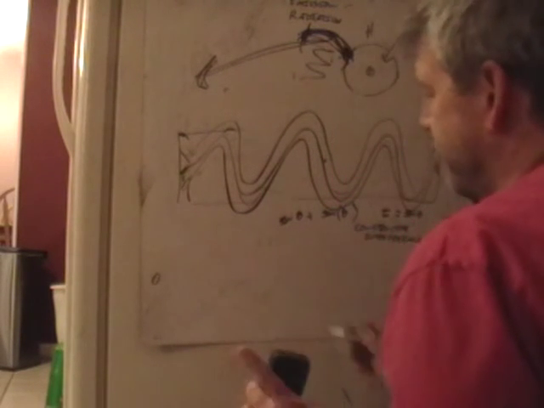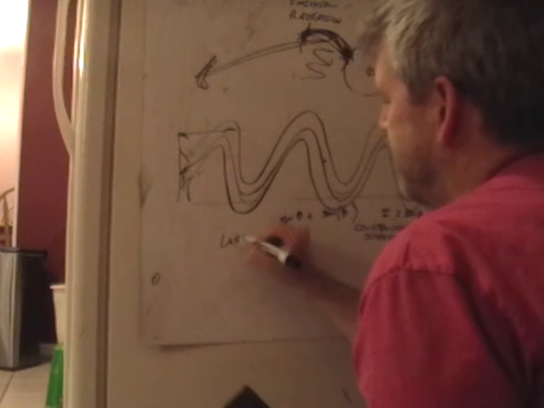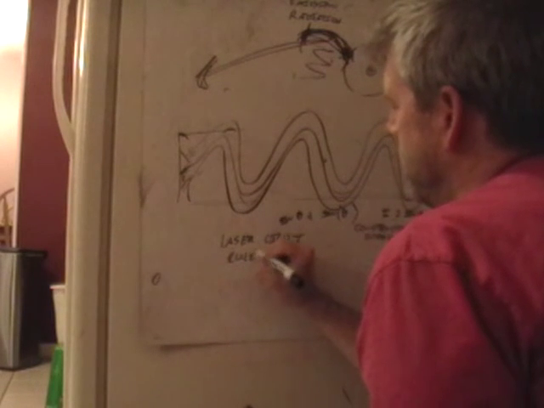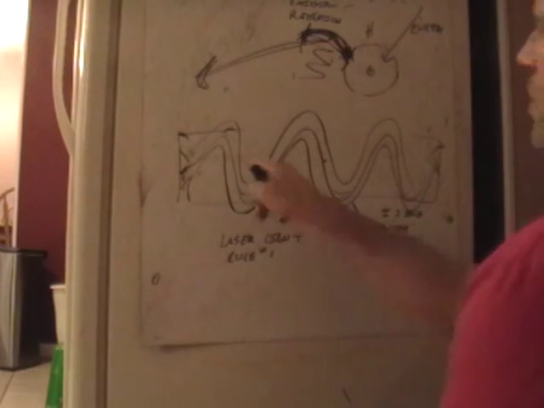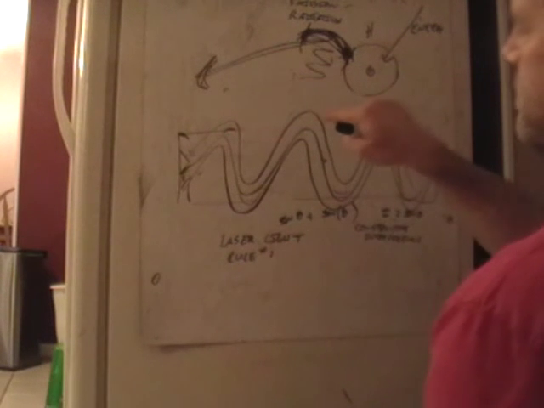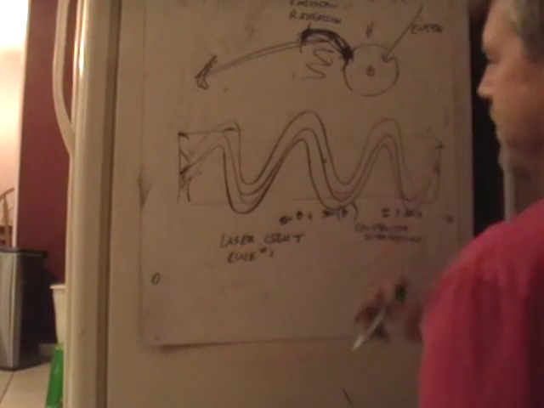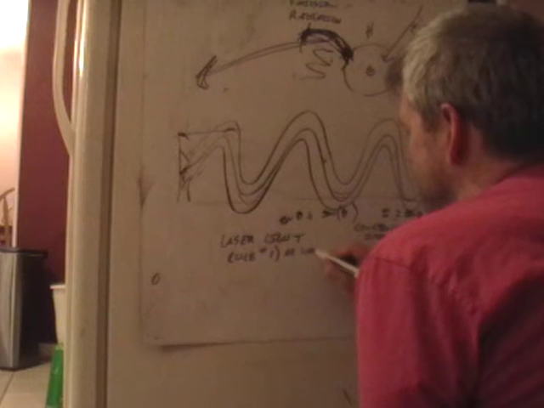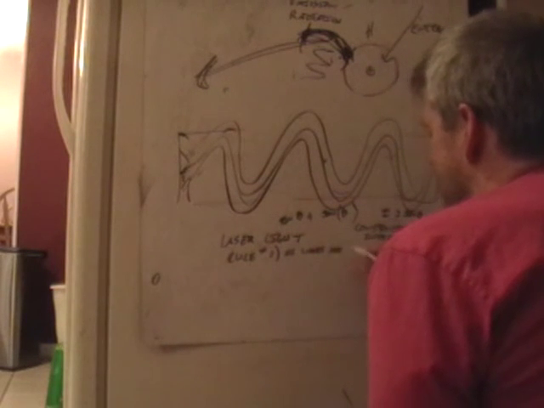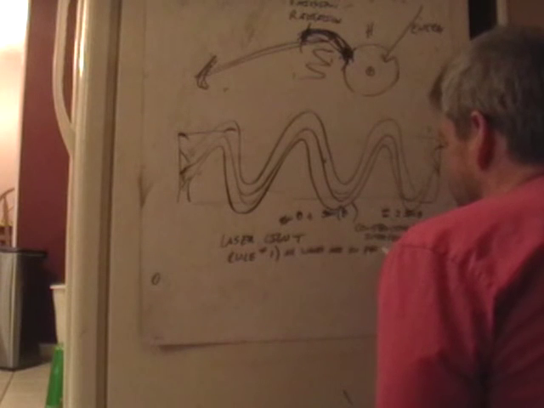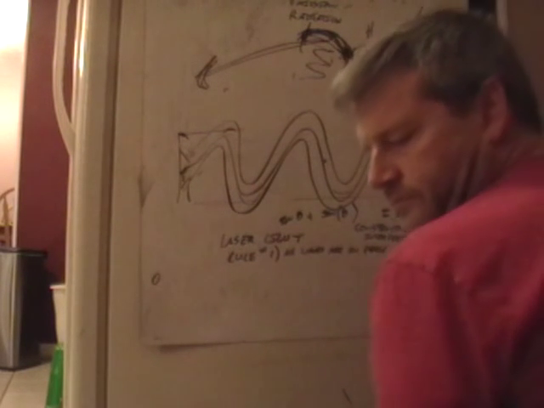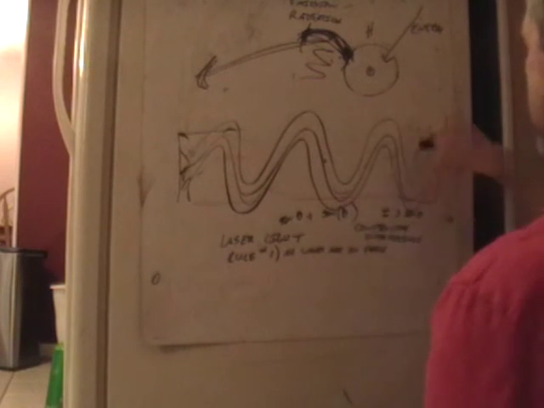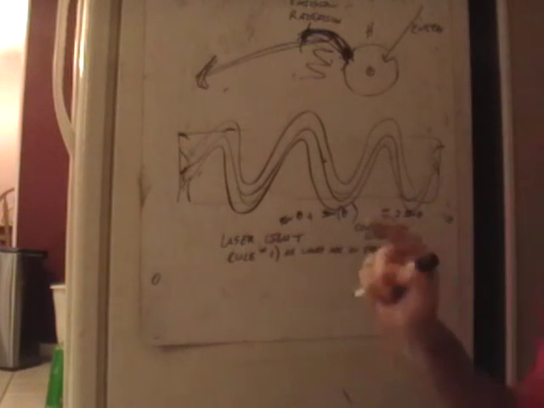So the first laser light rule, number 1: all waves are in phase. That means they're all in the exact same phase, and that has repercussions down the road.